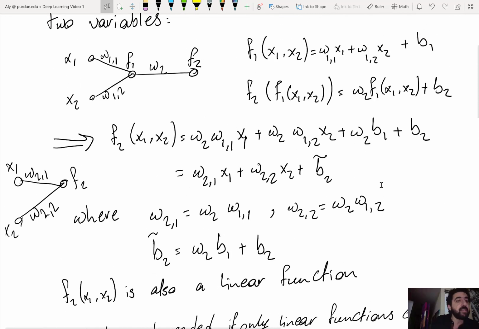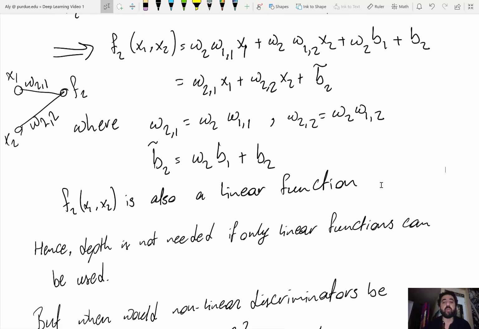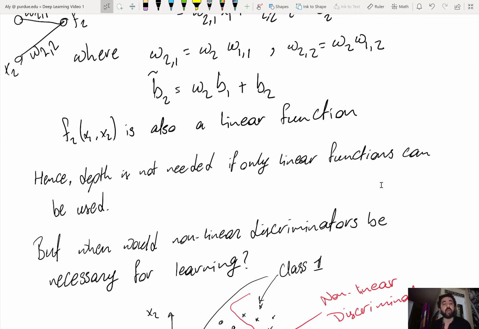So this is really a single layer network, not a two layer network. Right? So as long as we are using linear functions, depth is not needed. So actually the question of whether we need depth or not is related to the question of whether we need nonlinear functions or not. Right?